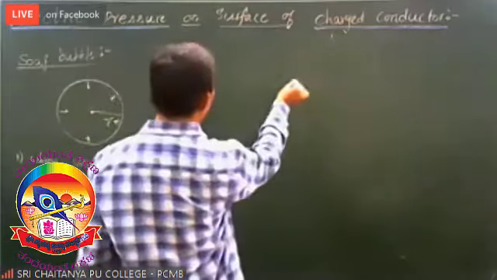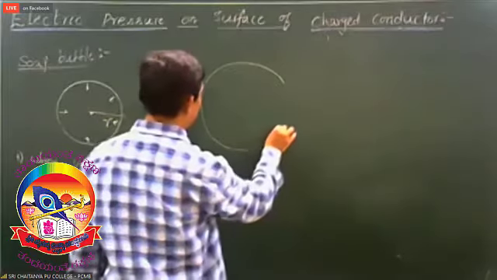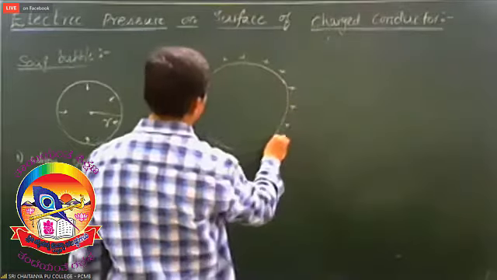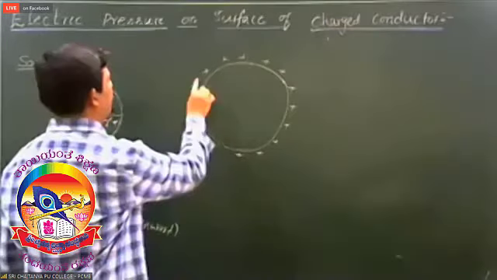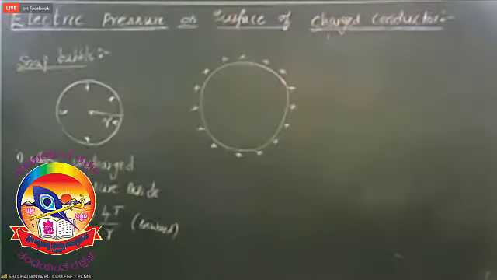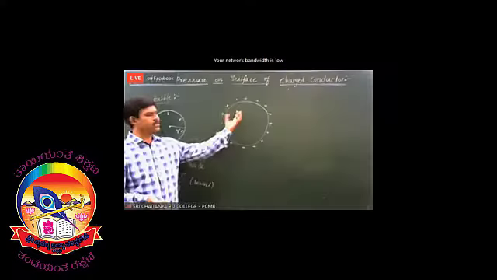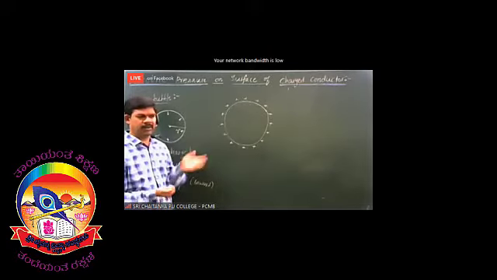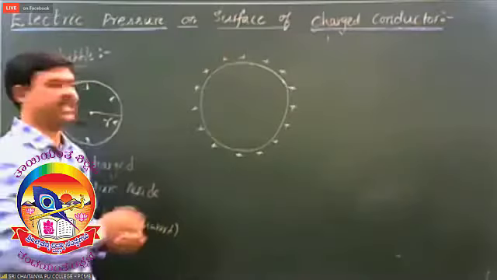When the soap bubble is charged, either with positive charge or negative charge, whatever it may be. We know from our previous discussion that whenever a soap bubble or hollow conductor is charged, it experiences an outward pressure in all directions.